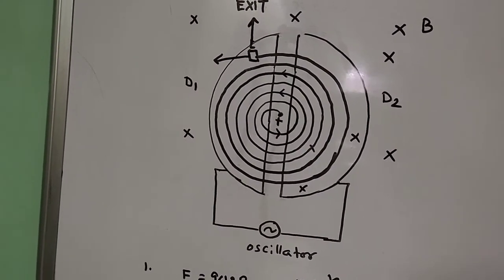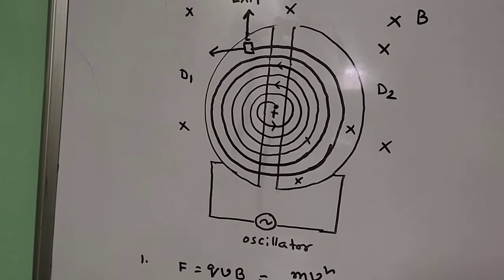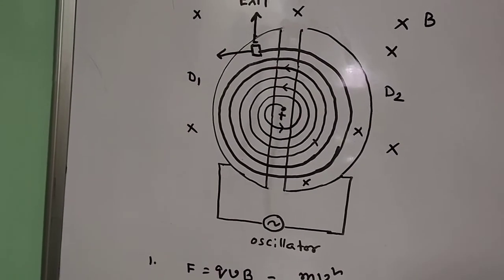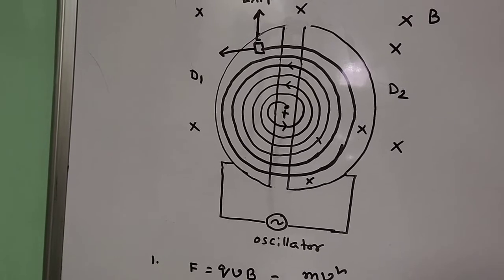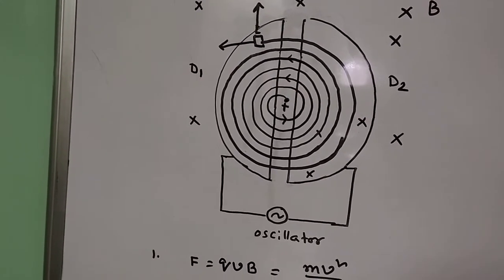So the two things: number one, the oscillator potential must be altered, and the alteration is such that when the charged particle comes out through D1 and D2, which are hollow chambers, the potential alternates.